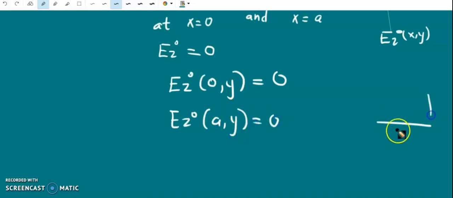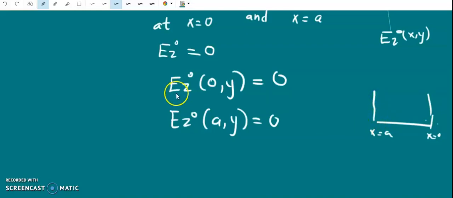At these boundaries, x equal to a and x equal to 0, the electric field on the left side and right side are the same. The electric field on this side means just outside, which is 0, and here also.